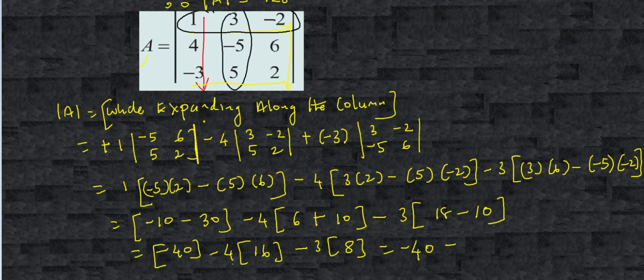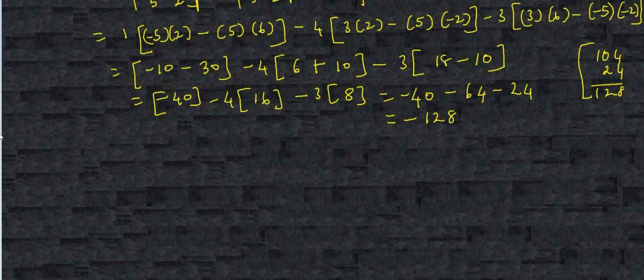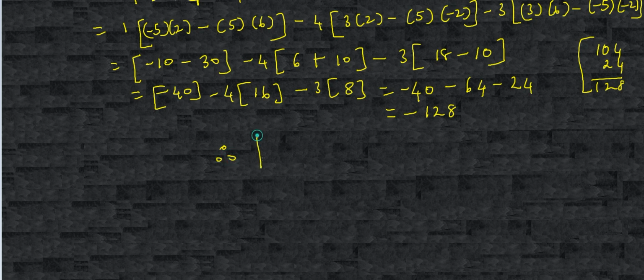This can be rewritten as negative 40, 16 multiplied with 4, that's 64, following it up with 8 multiplied by 3, which is 24. Now clearly 64 added with 40 would give me 104. Adding 24 would give me 128. Of course, the value is negative 128. So therefore, the determinant value is still negative 128.